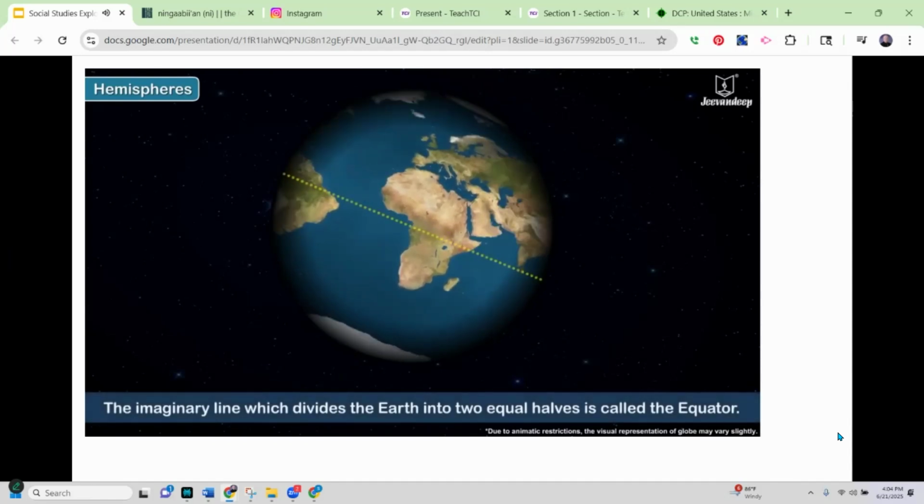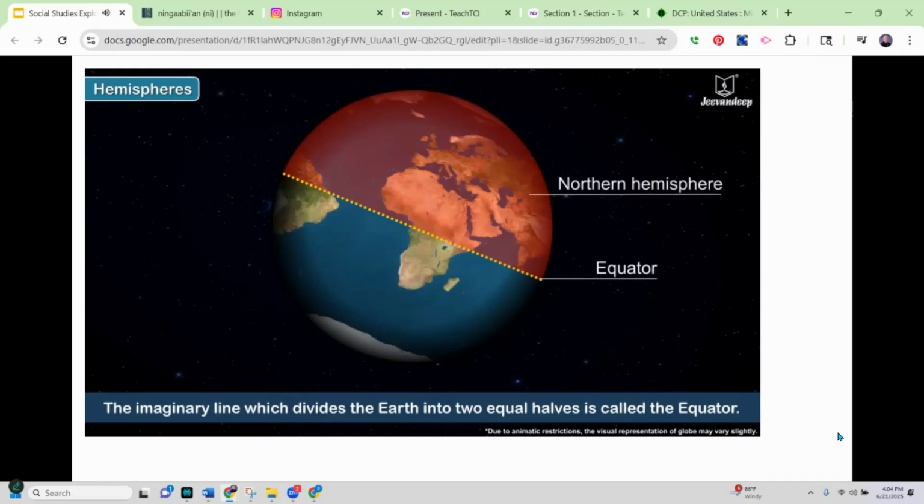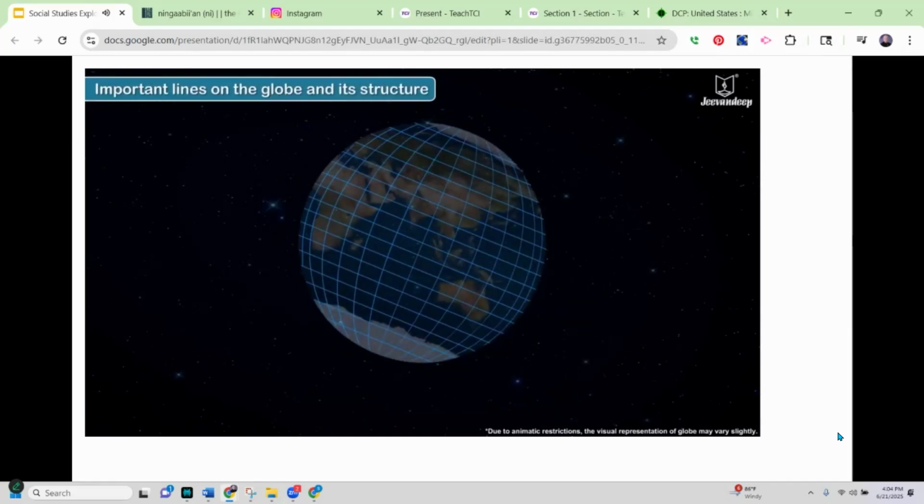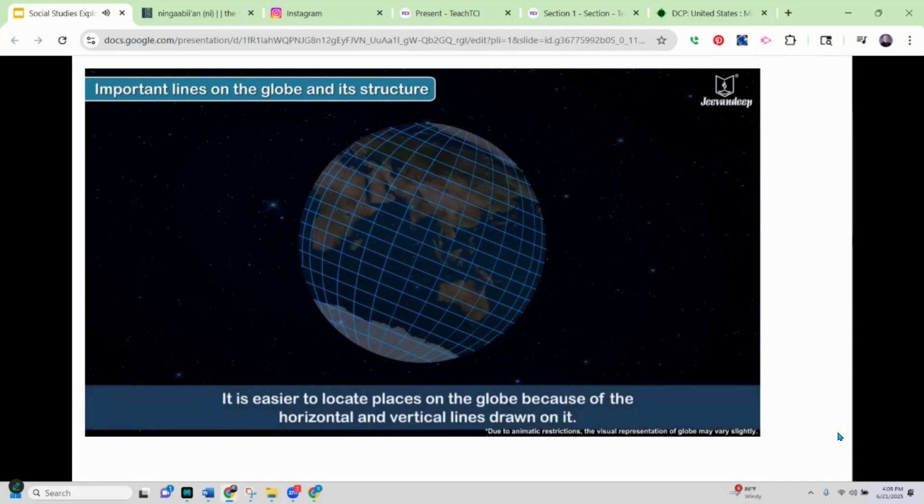The imaginary line which divides the Earth into 2 equal halves is called the equator. The area lying above the equator is called the northern hemisphere, and the one lying below it is called the southern hemisphere. Important lines on the globe and its structure. It is easier to locate places on the globe because of the horizontal and vertical lines drawn on it.